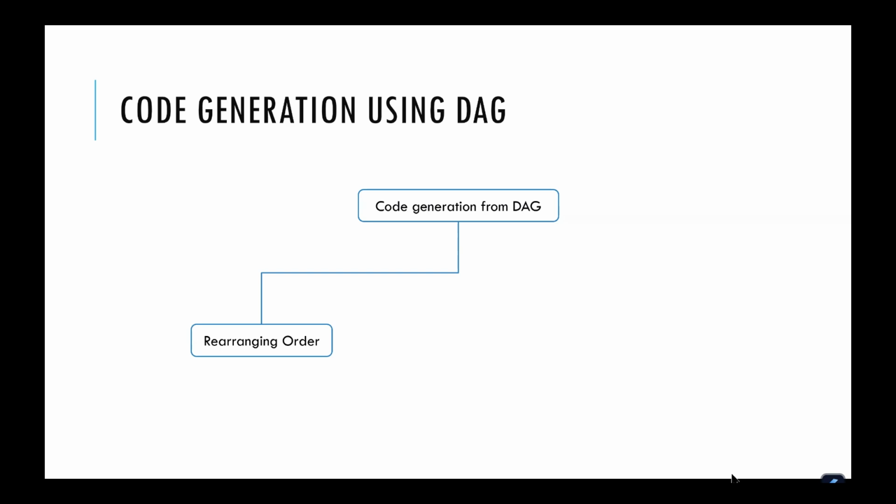Next one is heuristic ordering. In this heuristic ordering, we obtain all the interior nodes as unlisted interior nodes. It is not in order; it is all unlisted.